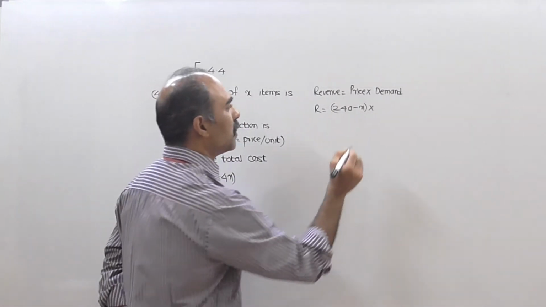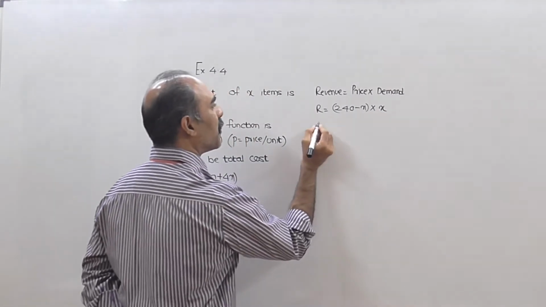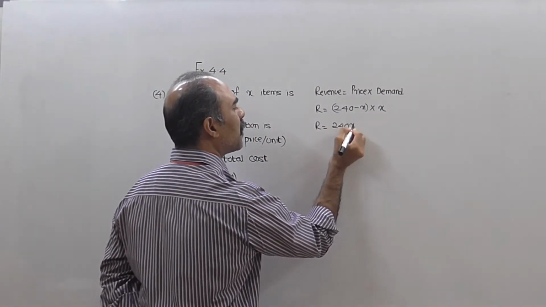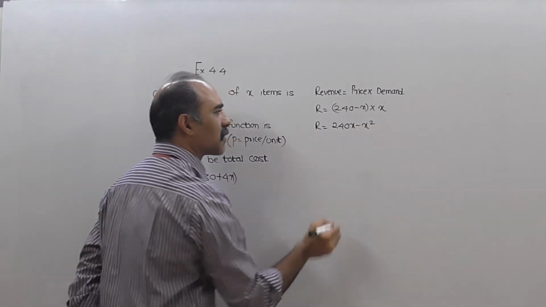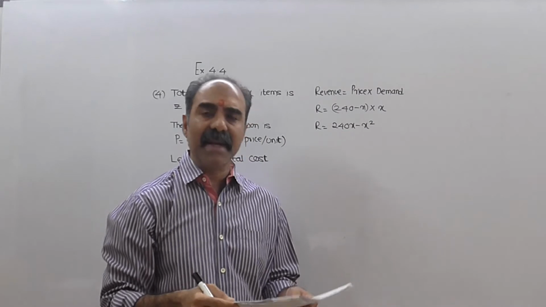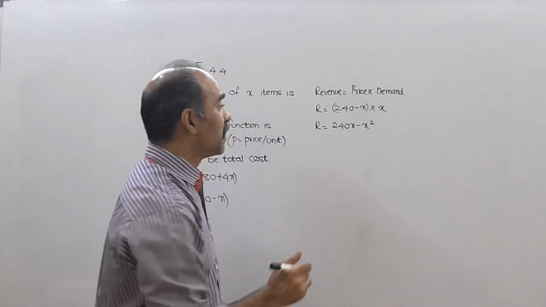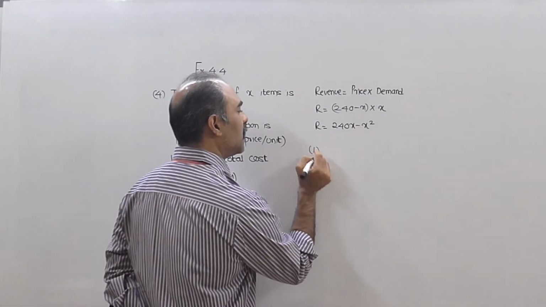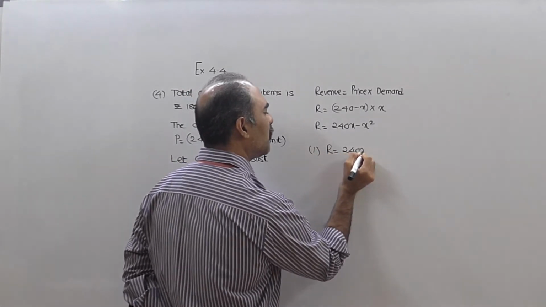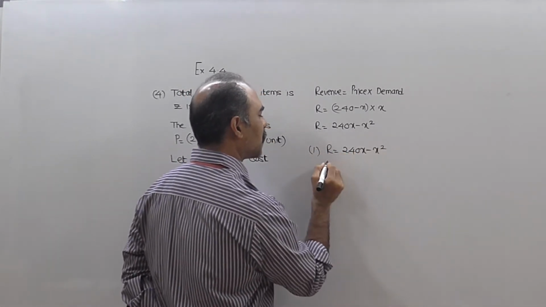So demand will be x, number of units. So R will be equal to 240x minus x square. Now the first question says that find x for which the revenue is increasing. So the first question is related to revenue. So R equal to 240x minus x square.